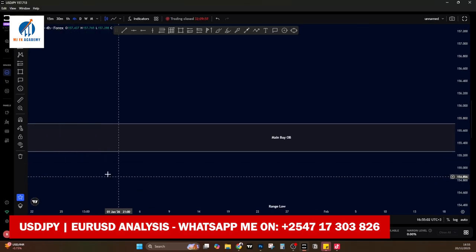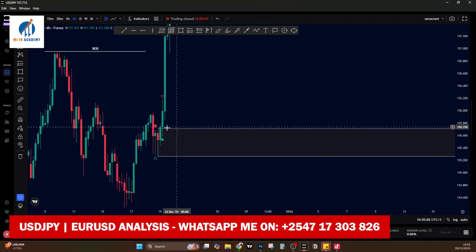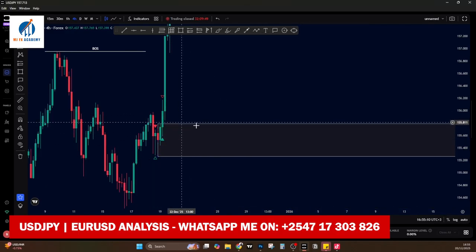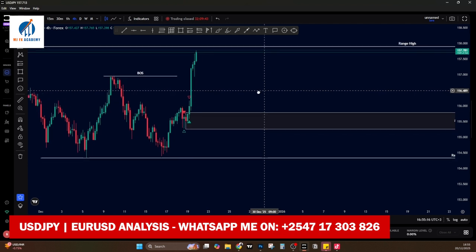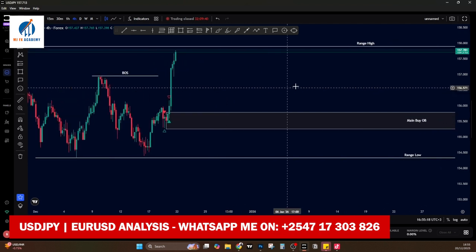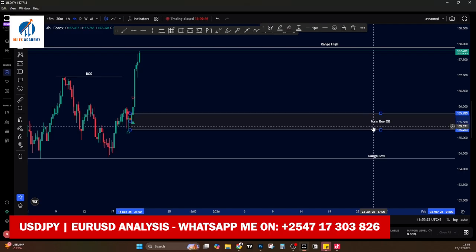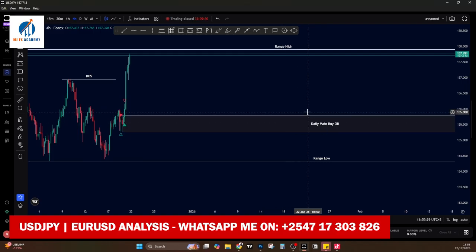I hope you can see it. As you can see, we have this small FVG, so that means this is a very valid order block. We will call this the daily main order block.